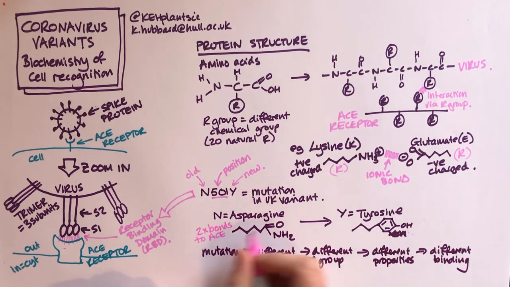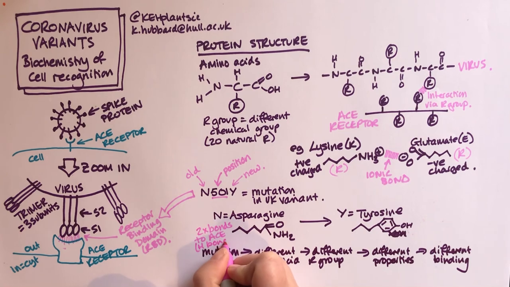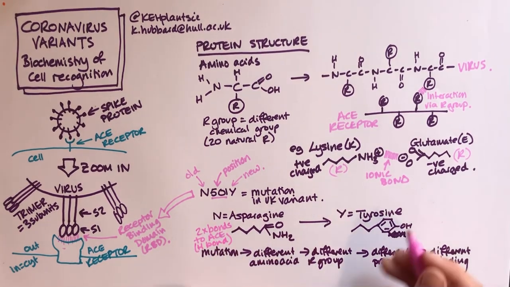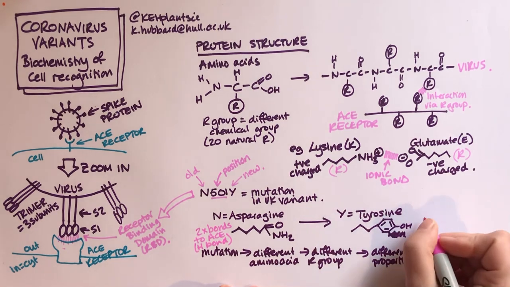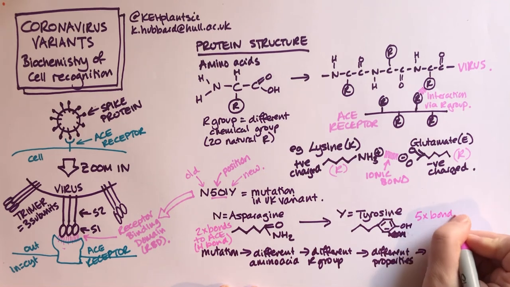They're not this ionic bond, they're a type of hydrogen bond, but they're still an interaction. So there are 2 bonds to the receptor with this version. With this version, the chemical analysis shows us that we have 5 bonds.